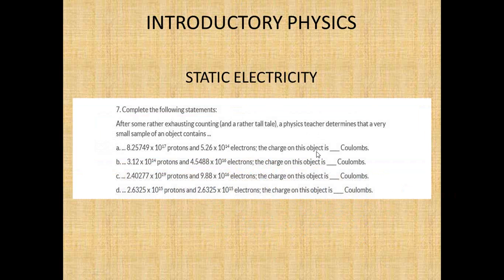The charge on this object is so, just looking at it, it has more protons than electrons, and you have to see how many more protons. We'll do the first one, and then we'll reserve the rest for our next session.